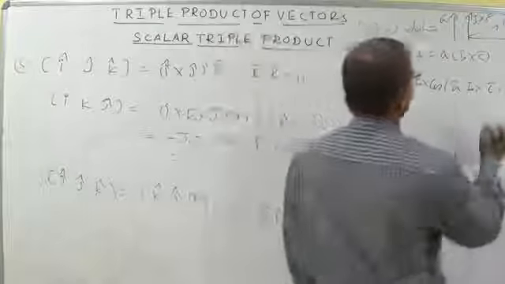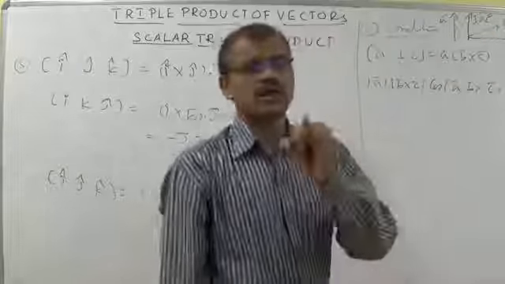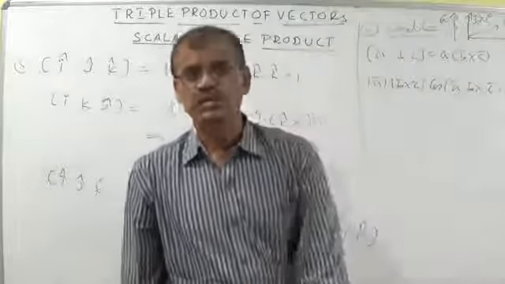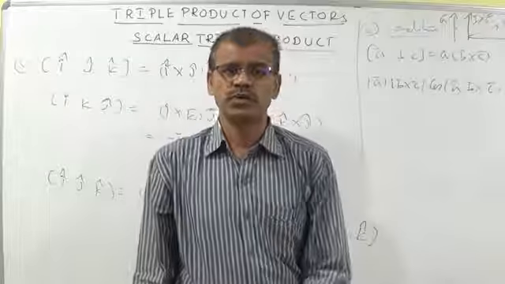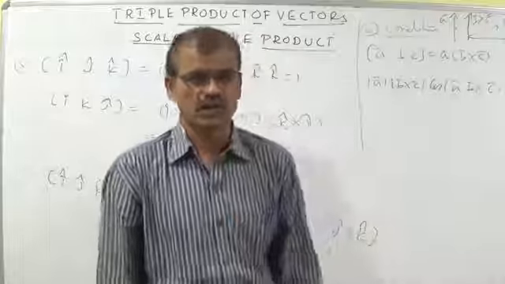So what does the angle become between A bar and B cross C? Whenever A bar is perpendicular to both B and C, and B cross C is perpendicular to both B and C, then the angle between A bar comma B cross C becomes 0 because they are parallel.